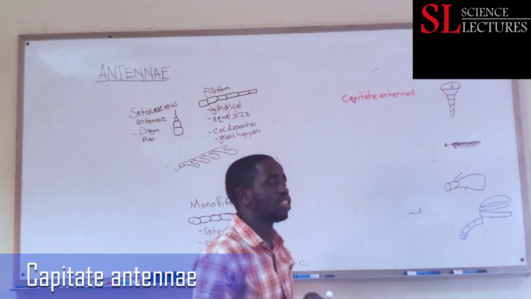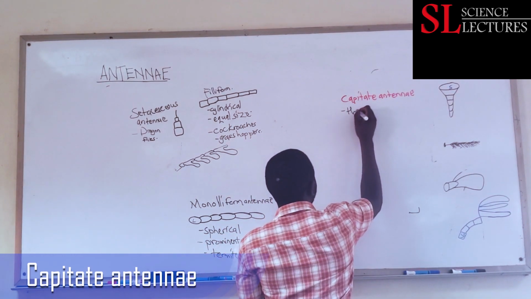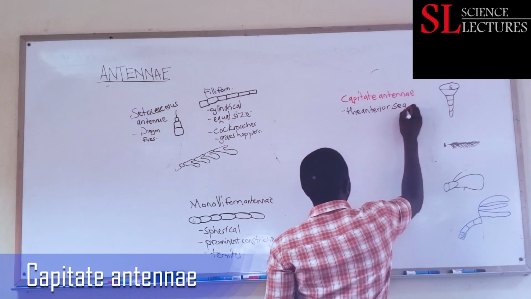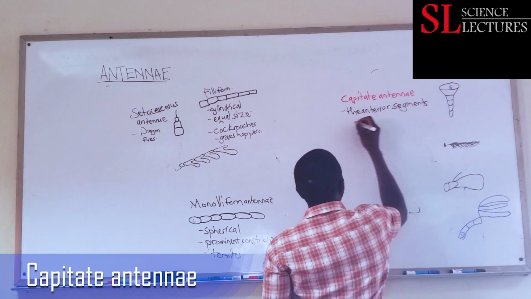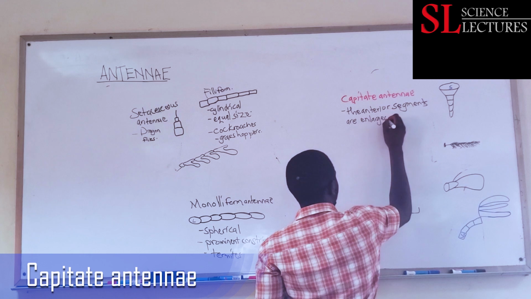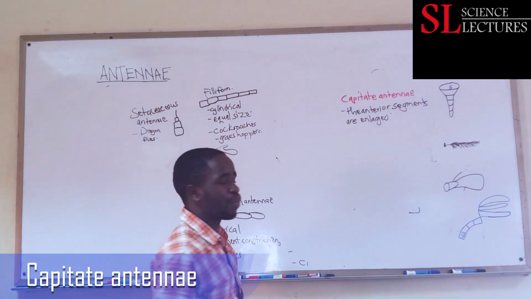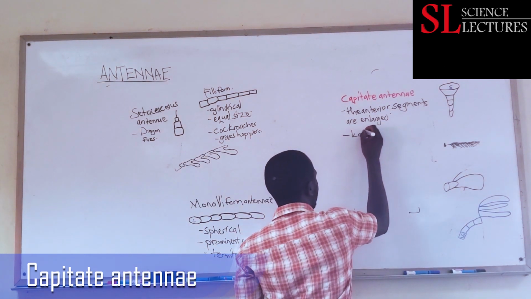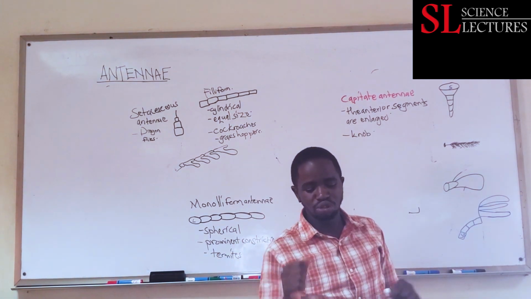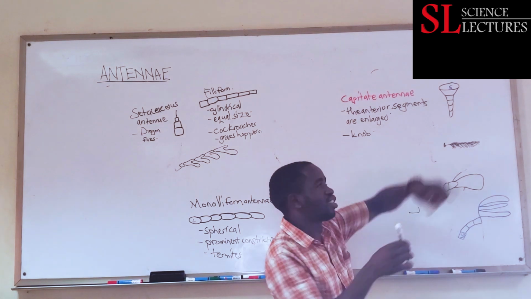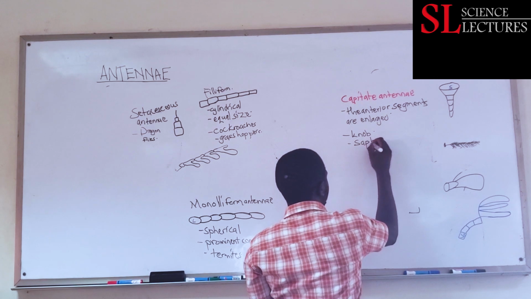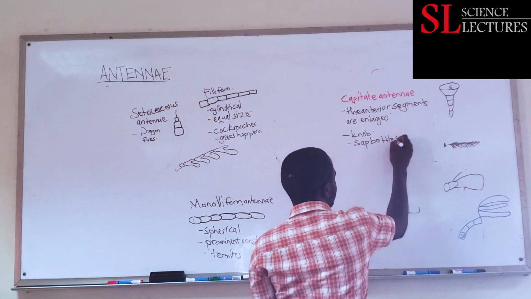But in capitate antennae, the last segments, or the anterior segments, are enlarged, giving the antennae the appearance of a knob. For those of you who know how to drive cars, the knob that you pull to change gears. This is how these antennae look, and they are very common in the sap beetles.